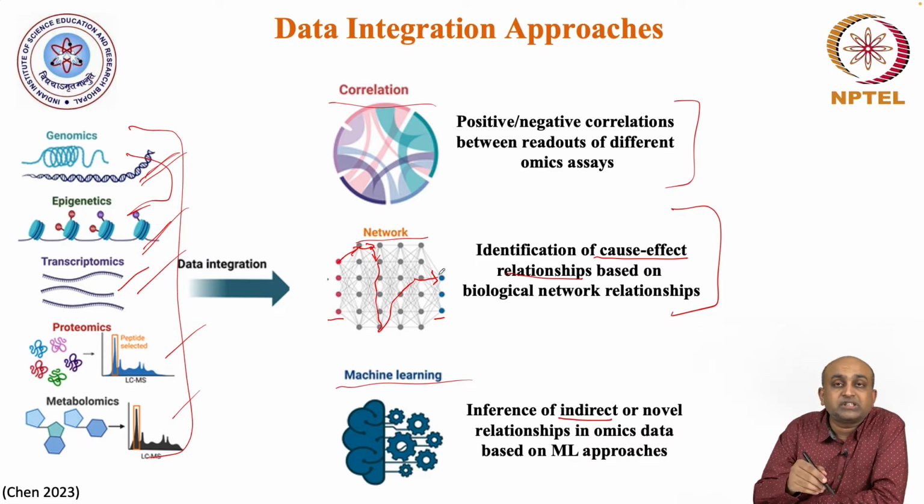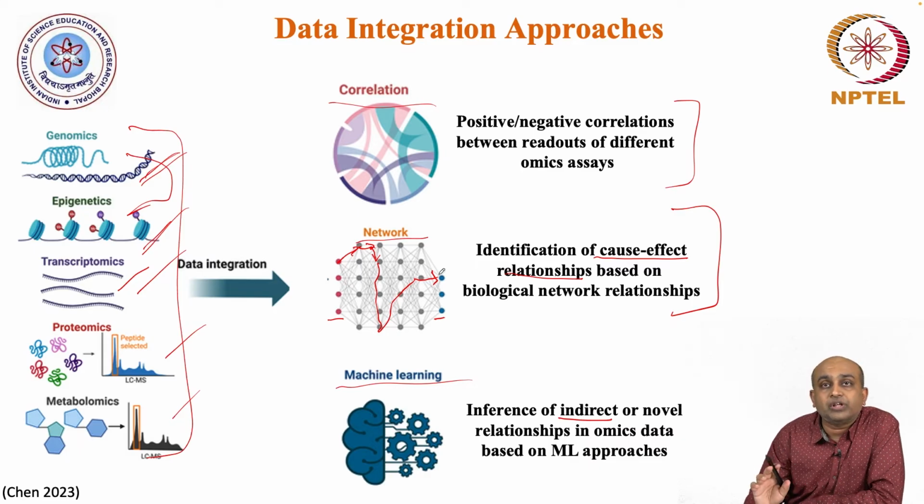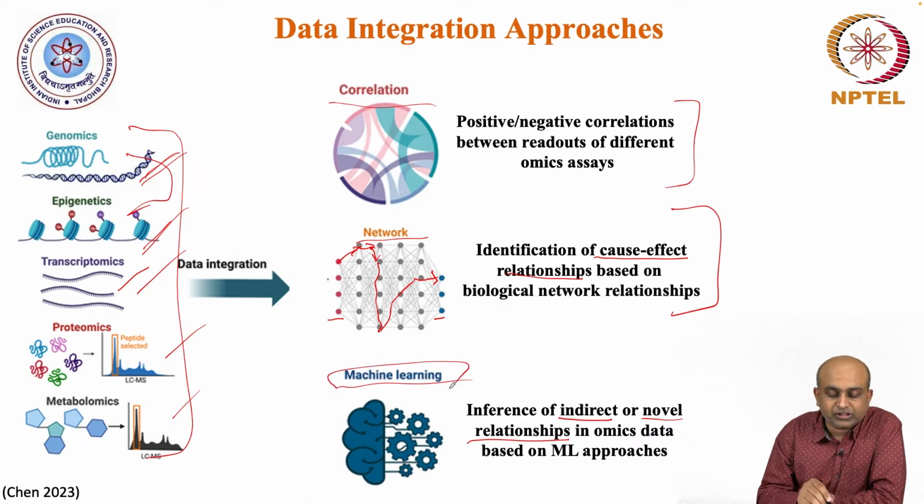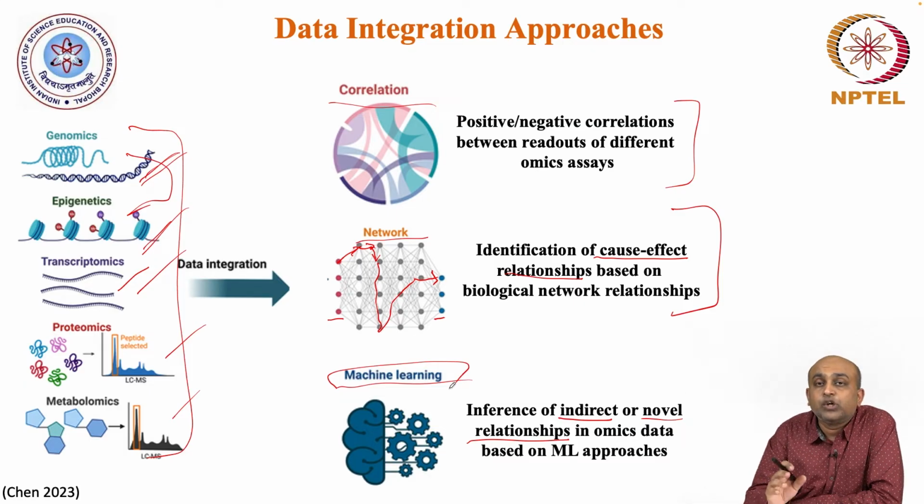This may not be obvious from the biology that is known to us till now, or it could be a novel relationship. It actually makes sense, it's just that we have not yet identified it. These relationships can be inferred using machine learning tools, which, when they integrate across these data, can pick up signals that were not obvious to us earlier.